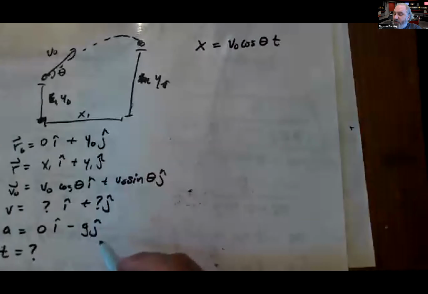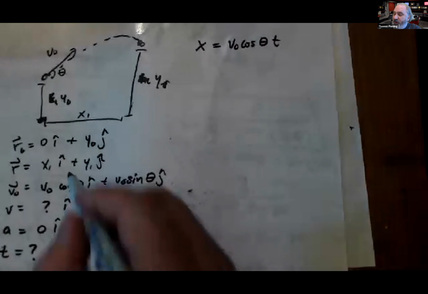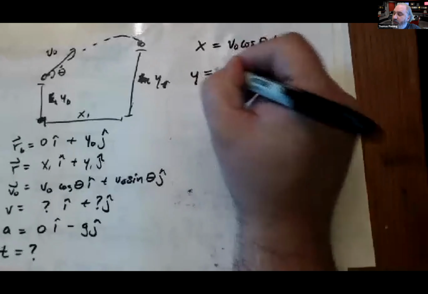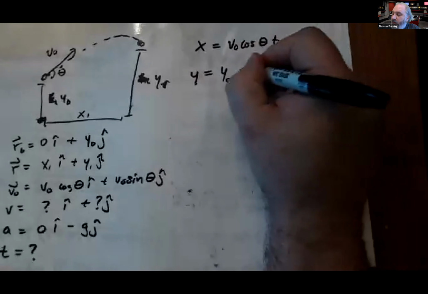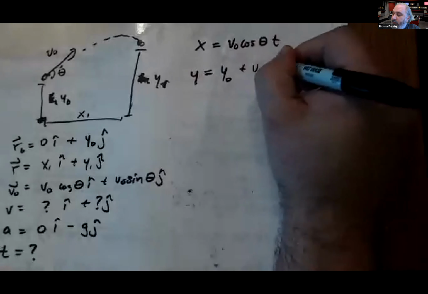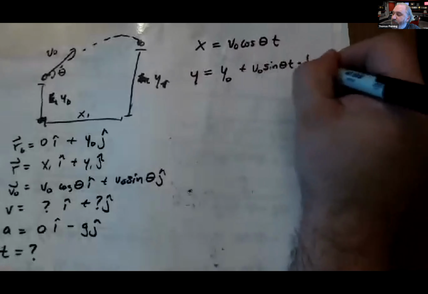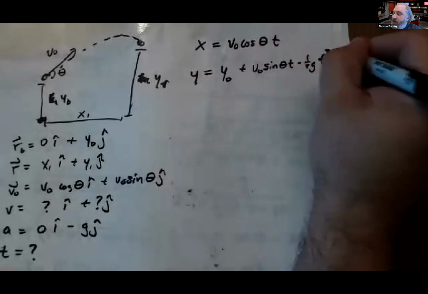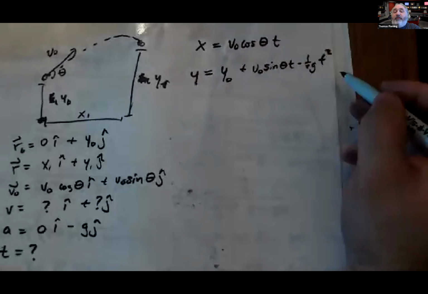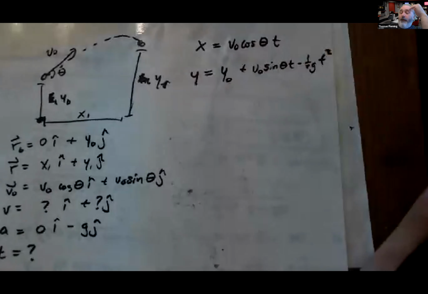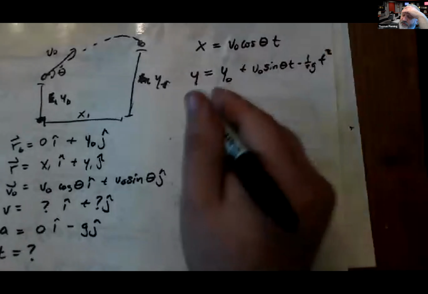In the y direction, if I do the position equation, it'll be the final y position. So y final equals y initial plus v initial sine theta t minus 1/2 g t squared. And again, that's very similar to what we had previously. And I haven't made any assumptions about what any of these numbers are.